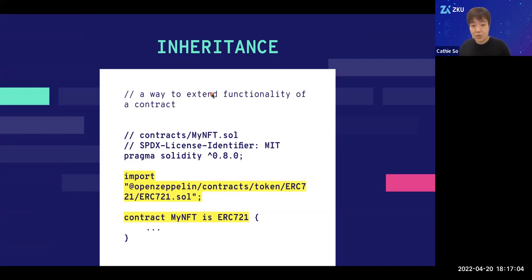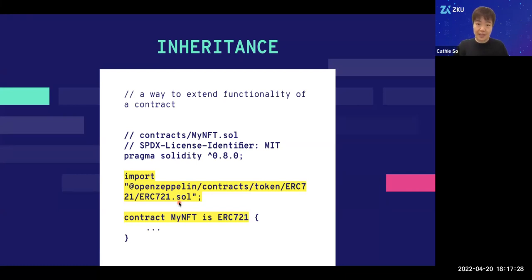In this case, we are inheriting the ERC721 contract. So even if my contract has absolutely nothing inside, it already has a lot of functions available to us. That's the first thing that we need to learn about what is happening in this NFT contract.